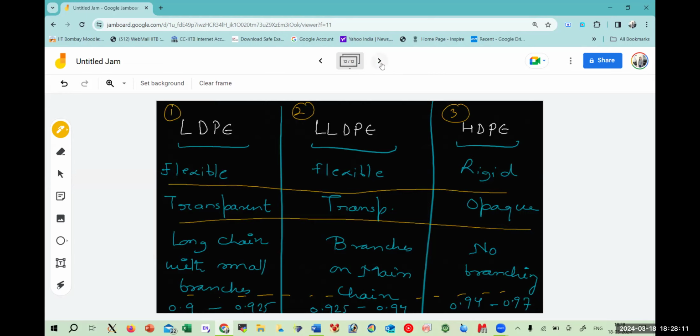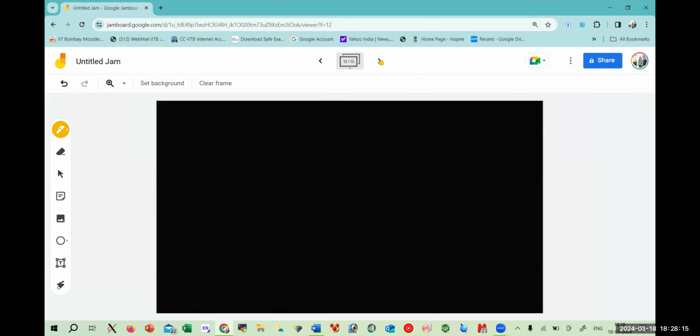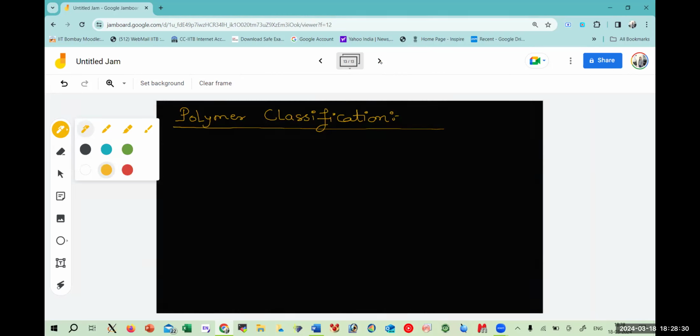Now we will move to our next topic, which is the polymer classification. So in polymer classification, we first have the condensation polymers, the process through which they are being formed.